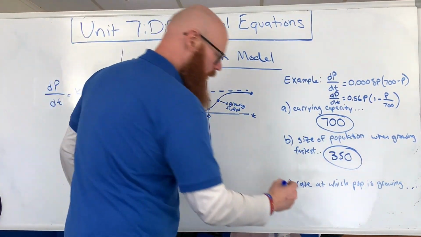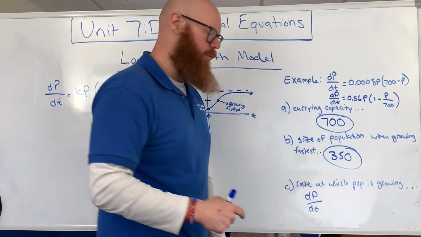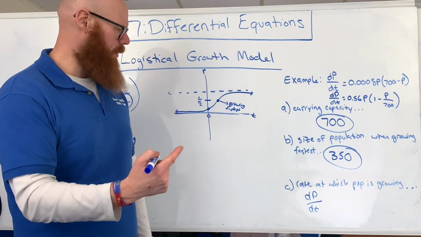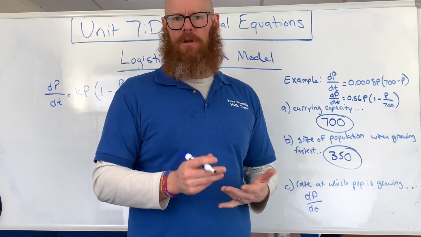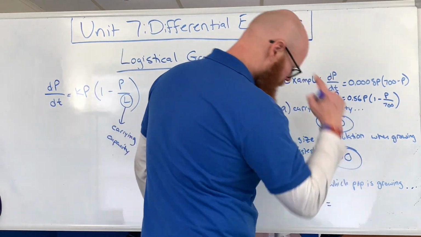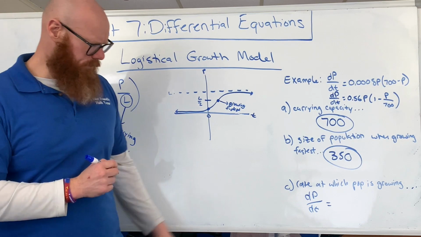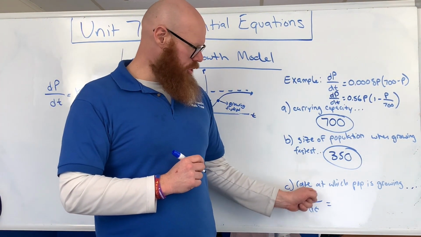I thought for a second that our independent variable was t and I would need a time to plug in, but I don't, because our differential equation is only based off of P, the population, and is not based off of time. So forget about that little setback I had in my brain. We're just going to plug in P.